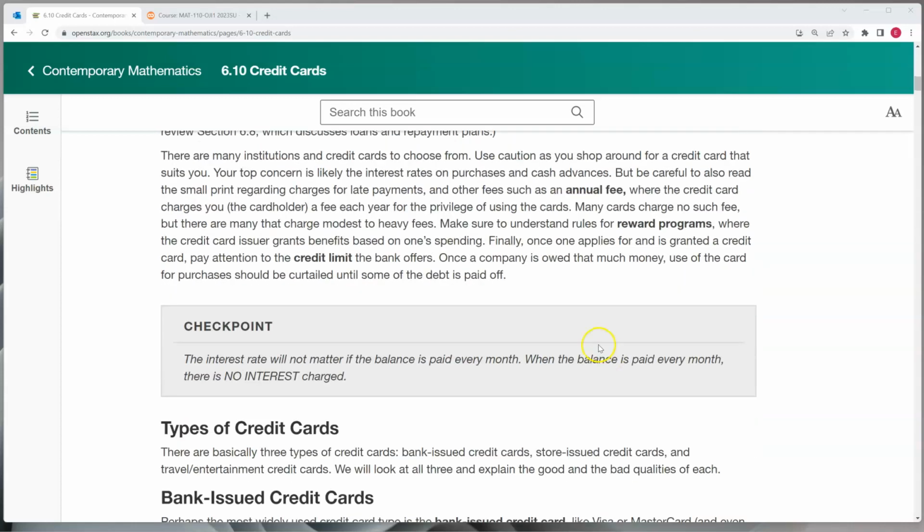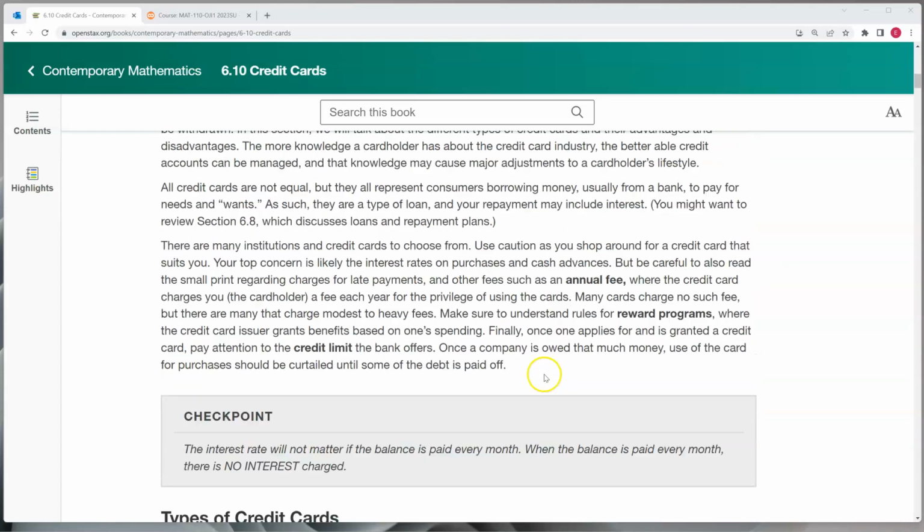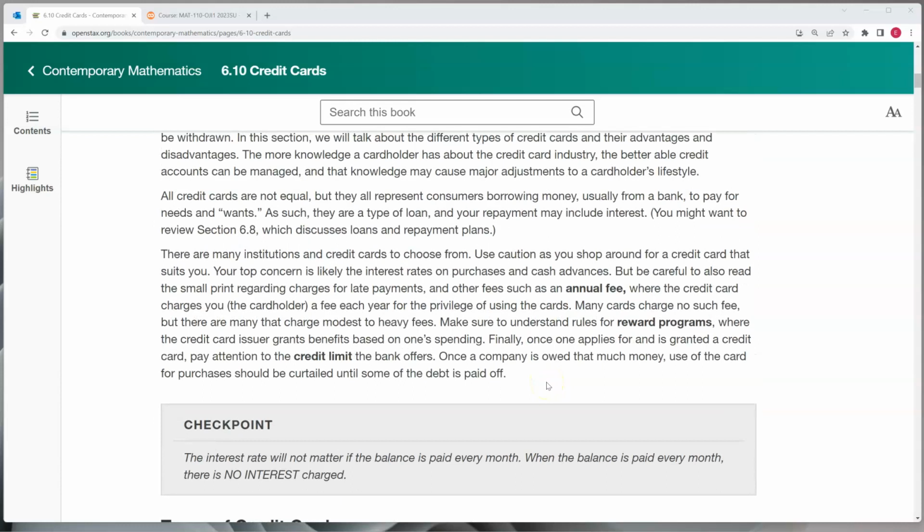So one important thing to know about credit cards is they tend to have higher interest rates across the board. Some of the highest interest rates I've seen on credit cards are upwards of 32% interest APR, and that is very high.